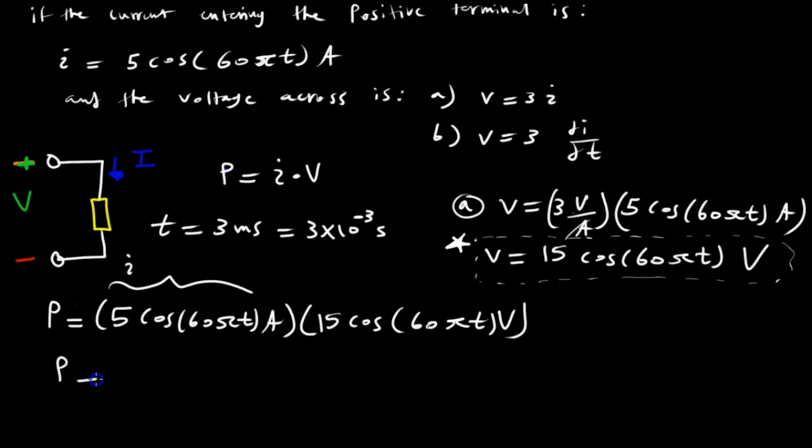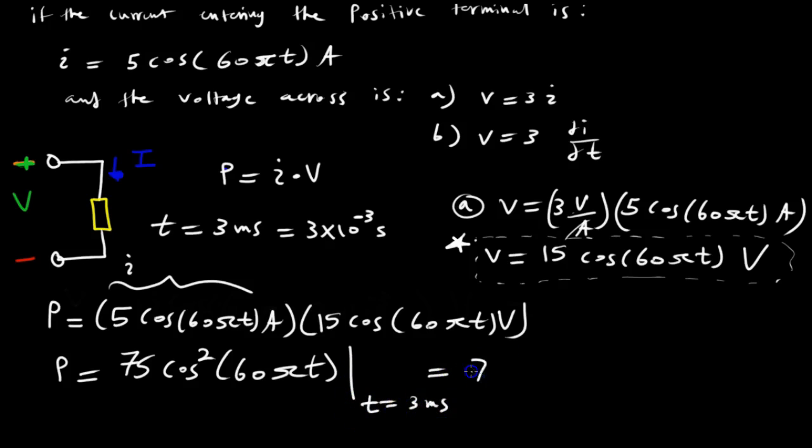And what I end up getting is 5 times 15 should be, let's see, 75, and we have a cosine of the same argument, so we can say cosine squared of 60 pi t evaluated at t equal to 3 milliseconds.